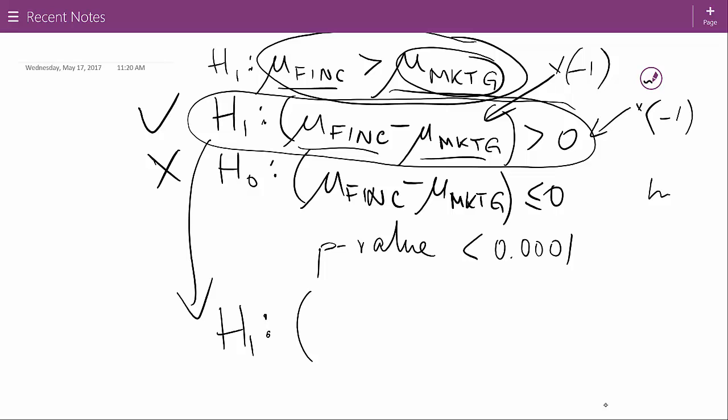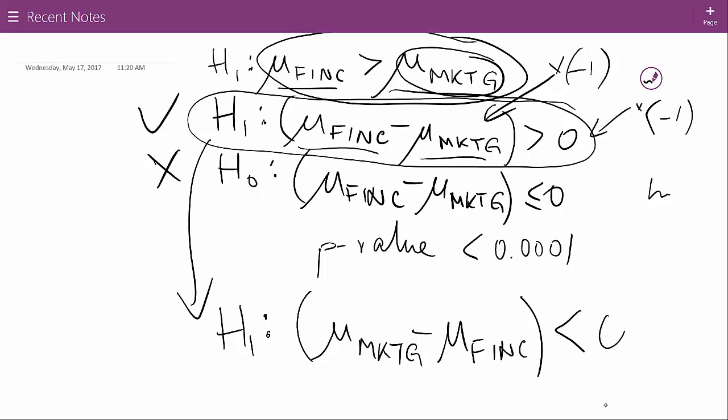On the left side you will have mu marketing, MKTG, minus mu finance, FINC. The sign flips around, so it becomes less than, and 0 is still 0. So these two are just different forms to write the same statement. Agree? The reason I did that is to match what JMP does for me. It's testing marketing minus finance.